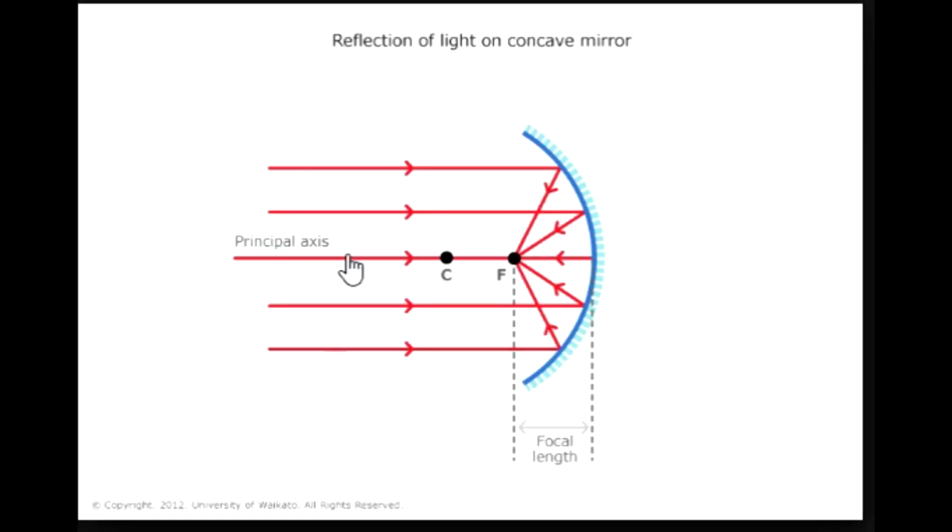So these are the two things. I'll repeat that again. If a ray of light is parallel to the optical axis, it's going to be reflected through the focal point. And if a ray of light is coming from the focal point itself, it's going to be reflected parallel to the optical axis.